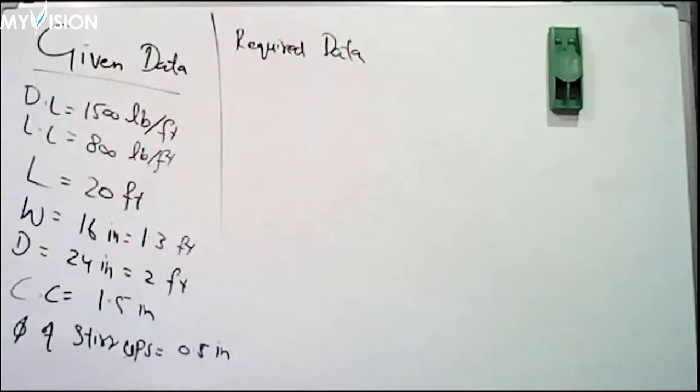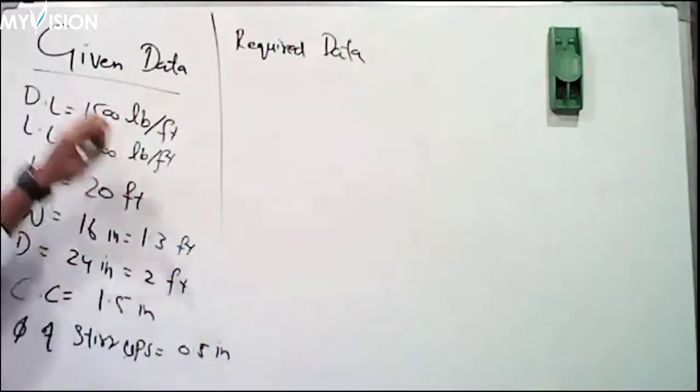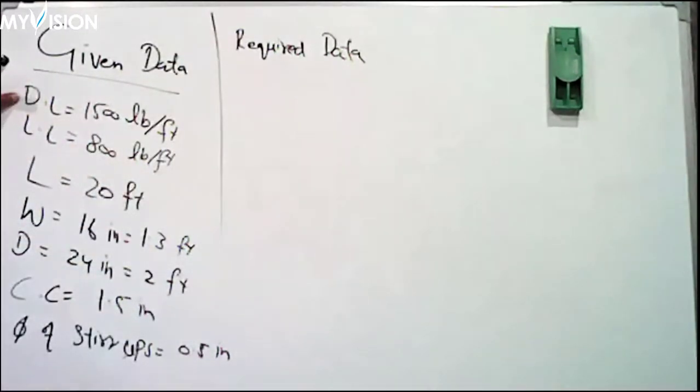Dear student, listen. The dead load which is given to you is 1500 pounds per feet, live load is 800 pounds per feet, length of the beam is 20 feet, width of the beam is 16 inches, the depth of the beam is 24 inches, concrete cover is 1.5 inch, and diameter of the stirrup is 0.5 inches.